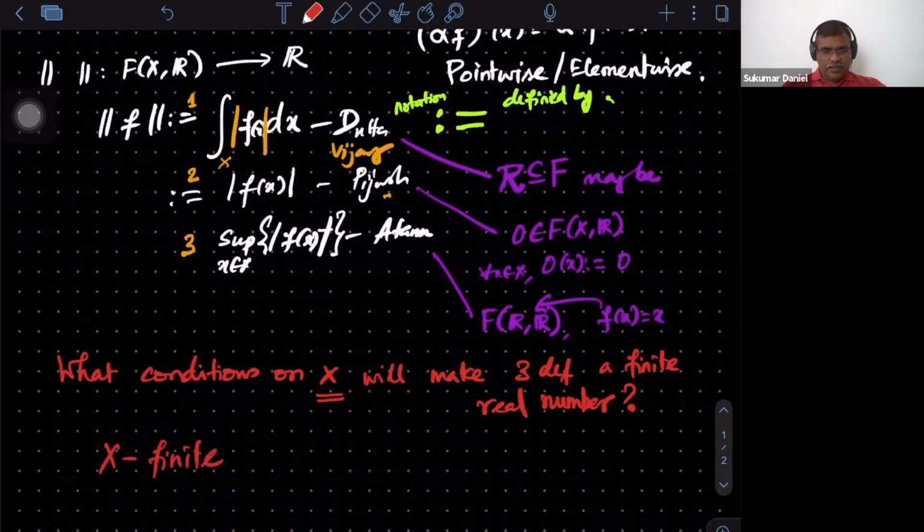That's good. There are some people who have answered that you consider only the functions which are bounded.